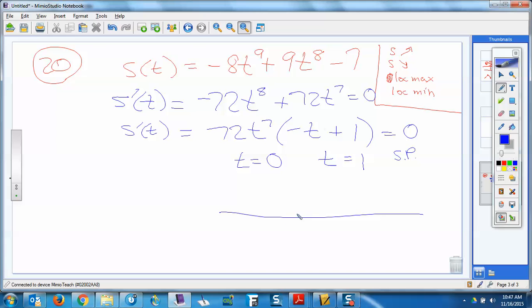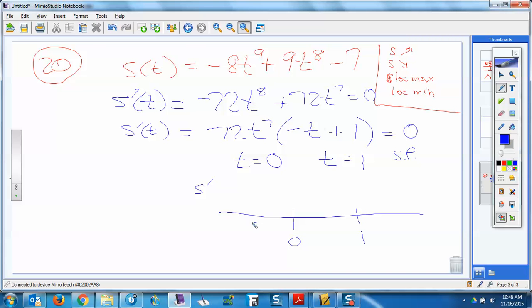So I'm going to make myself a number line. Put a 0 on it. Put a 1. When I say an S prime number line, I want to find out what the y values of S prime are for some of these x values, or t values in this case. I want to plug those in and see if I'm getting positives or negatives for S prime.